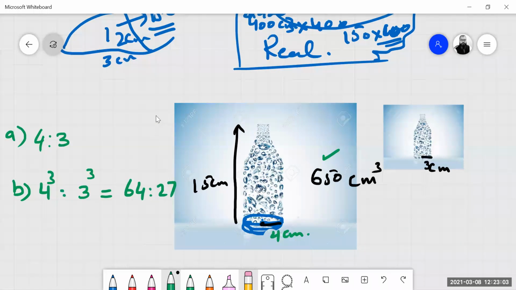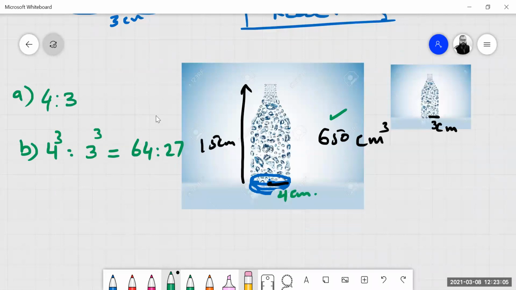So let V be the volume of the smaller bottle, then the volume ratio is V, the volume of the smaller bottle, over the volume of the larger bottle, which is 650. This smaller volume we don't know, but this bigger volume we know is 650.